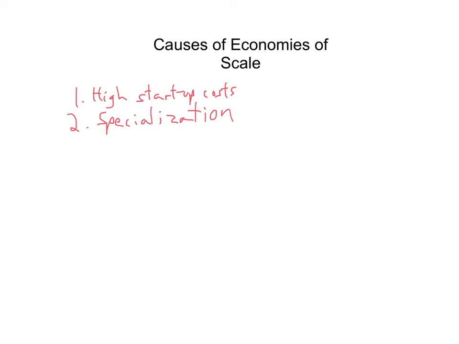Finally, economies of scale can be caused by network externalities. Sometimes goods become less valuable to people as more and more people have them, like prestige items, like a really fancy car.